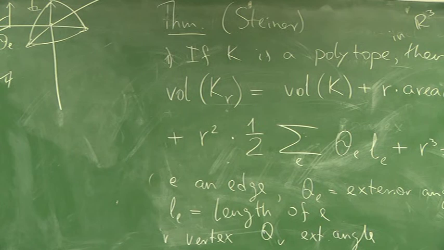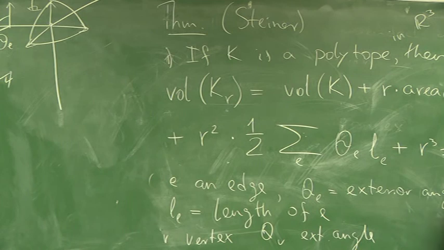and now I will write the smooth case. For K a convex subset in R3, so a convex body with smooth boundary, one has the following.